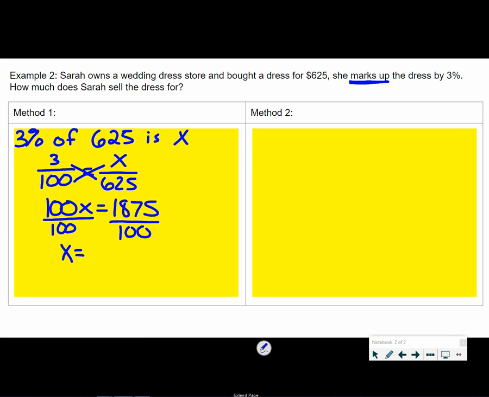X is going to equal $18.75. In the end, I need to know the final price of the dress, so I add it. I do 625 plus 18.75, and I get $643.75.